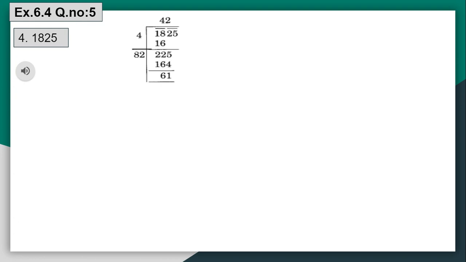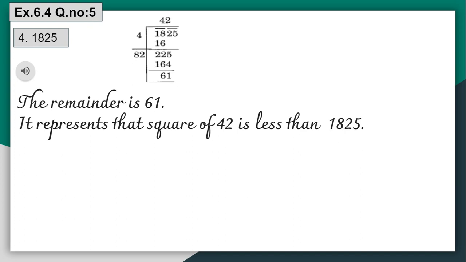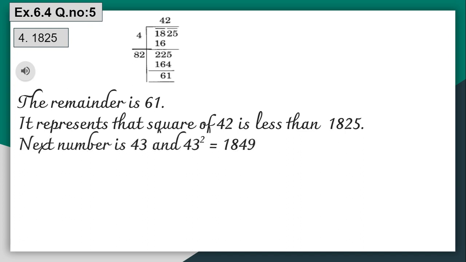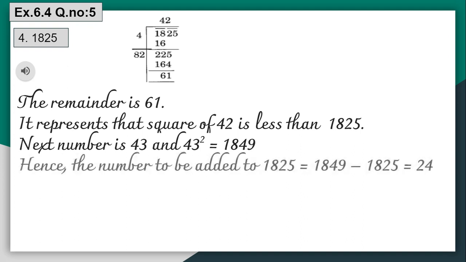Remainder is 61. Okay, so it represents that the square of 42 is less than 1825. So what will be the next square? That is 43. So 43 square is equal to 1849. Hence the number to be added to 1825 is 1849 minus 1825.